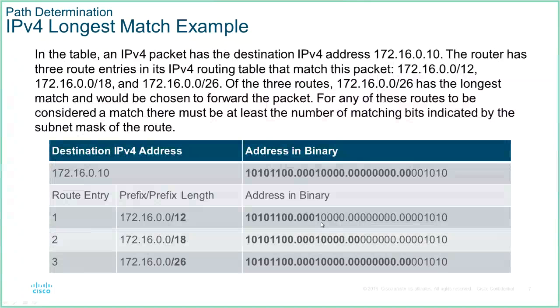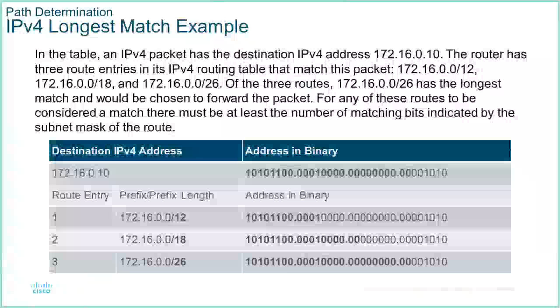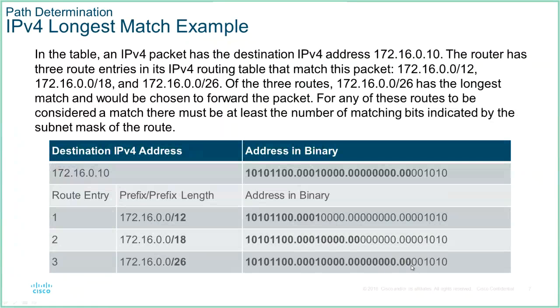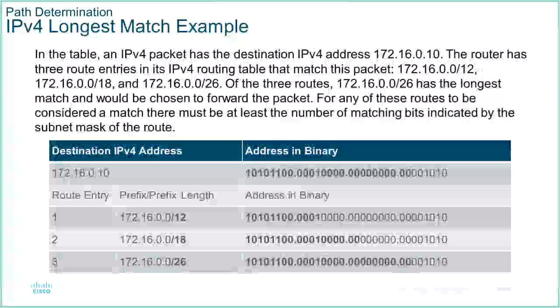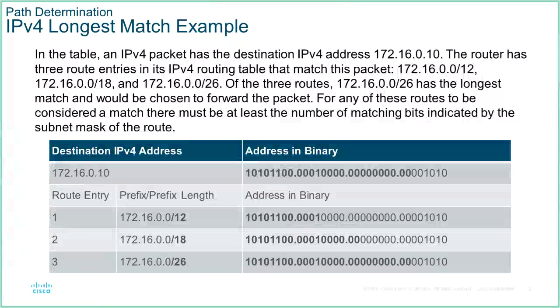And then if we look at the /18, it gets through and matches 18 bits. And then the /26, we match 26 bits. Now, that is the longest match against the entries in the routing table. So that's the best match for the address, and that's the one we'll make the forwarding decision based on.